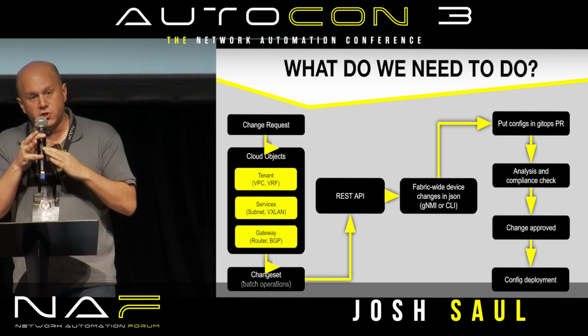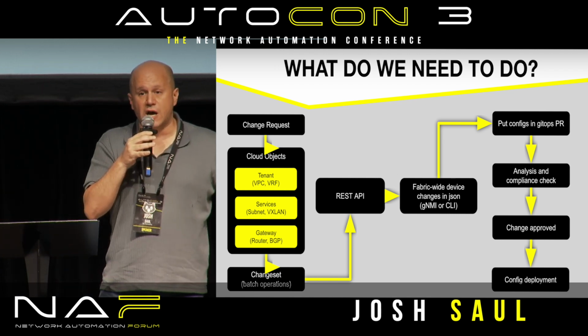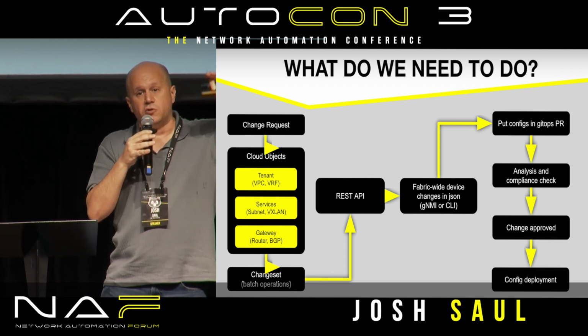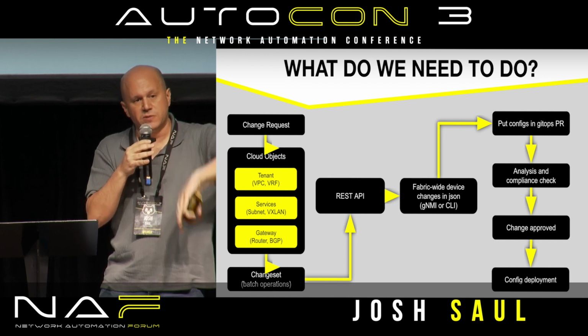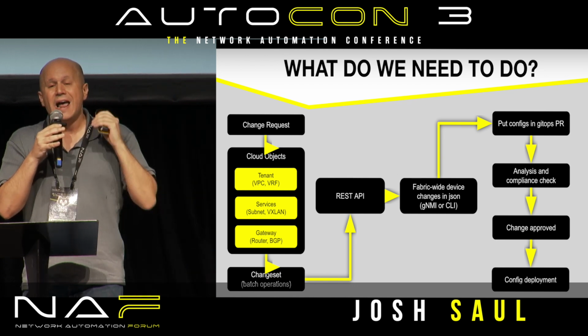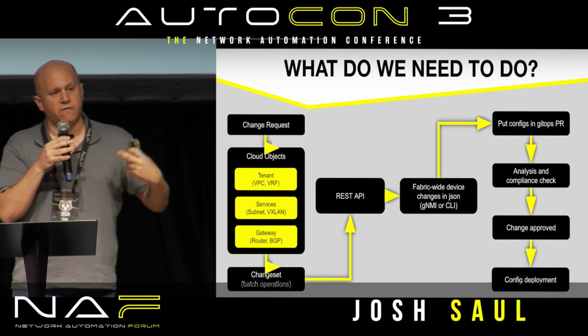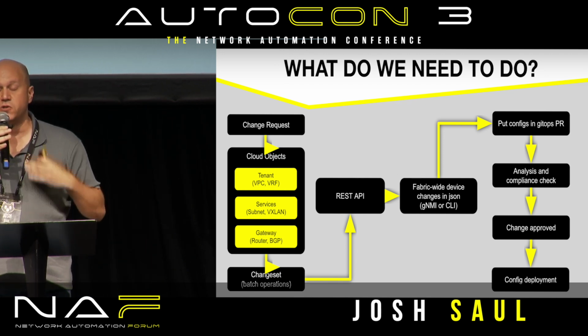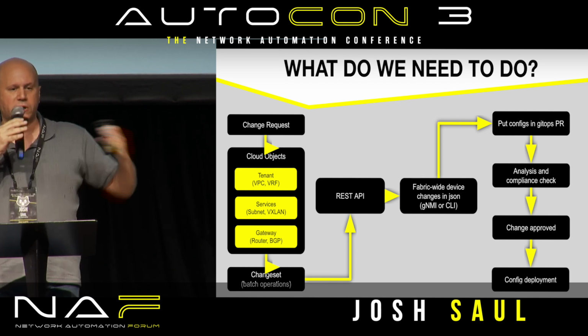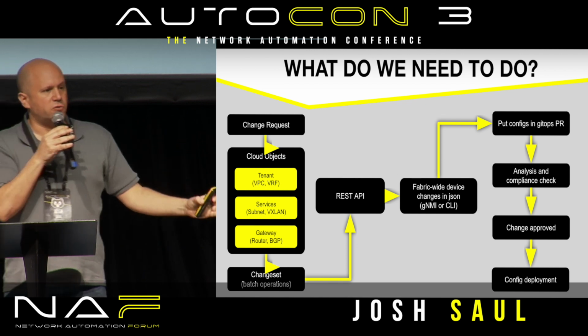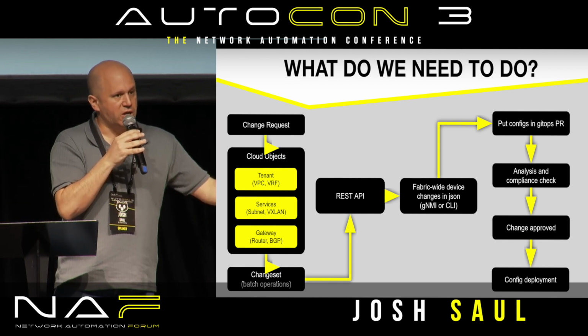Okay, so what do we have to do? I said we had to batch together those objects. We had to use REST to create a whole bunch of small objects, put them together into what we call a change set, and then push that into the REST API and say, give me back those configs. And why do they want to see the configs? Because we know that we're not working in a vacuum. There are a lot of other tools that analyze configurations.